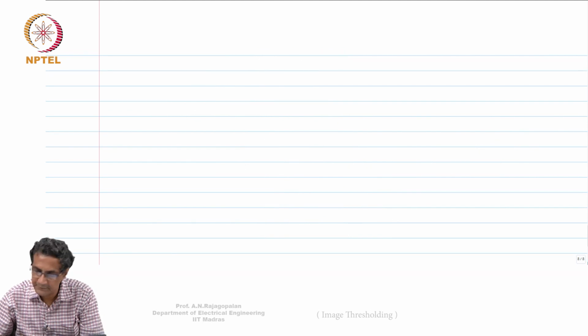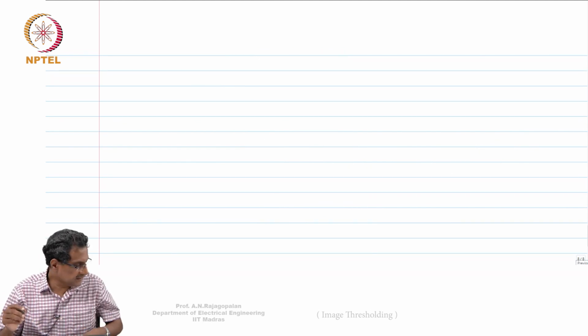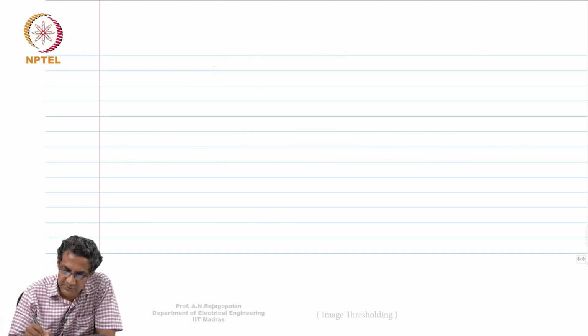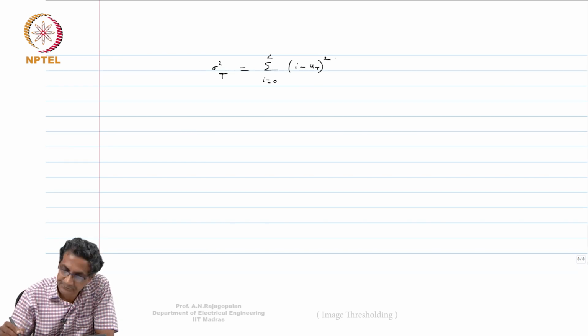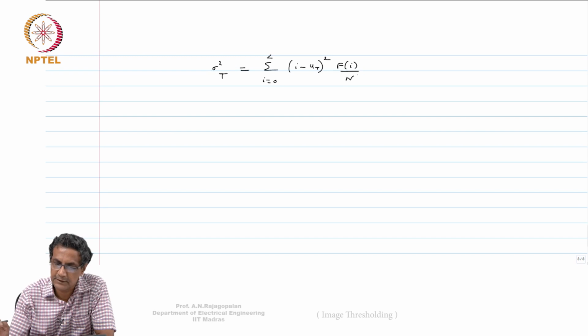How do we show that? Let us start with the expression for sigma square t. Sigma square t is the summation i equal to 0 to L of i minus mu t the whole square times f of i by n. This is what we had.